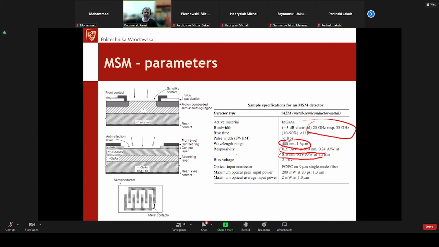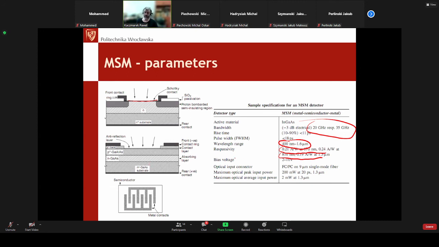This low sensitivity is given by this not so thick junction, but also since we need to have a junction between metal and semiconductor, the metal layer here needs to be transparent. Of course, it is a very thin metal layer, but it absorbs, even though it is thin. So this metal layer is absorbing quite a big amount of the photons which are falling on this photodetector.